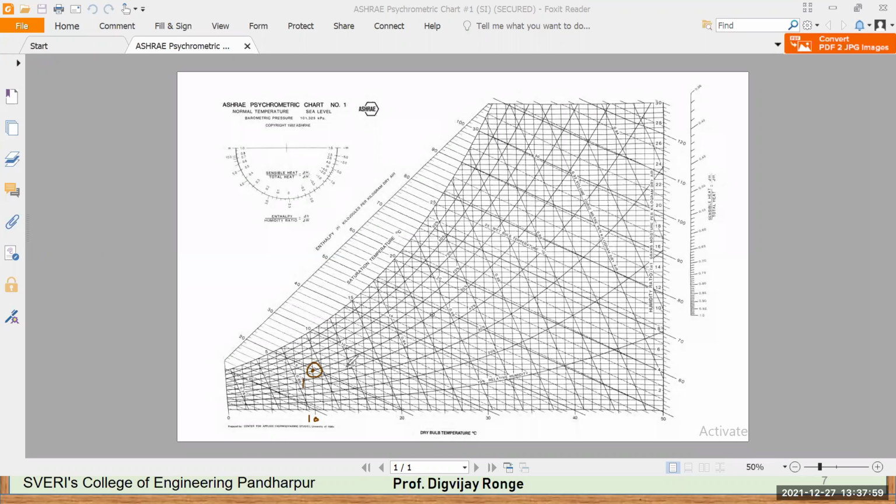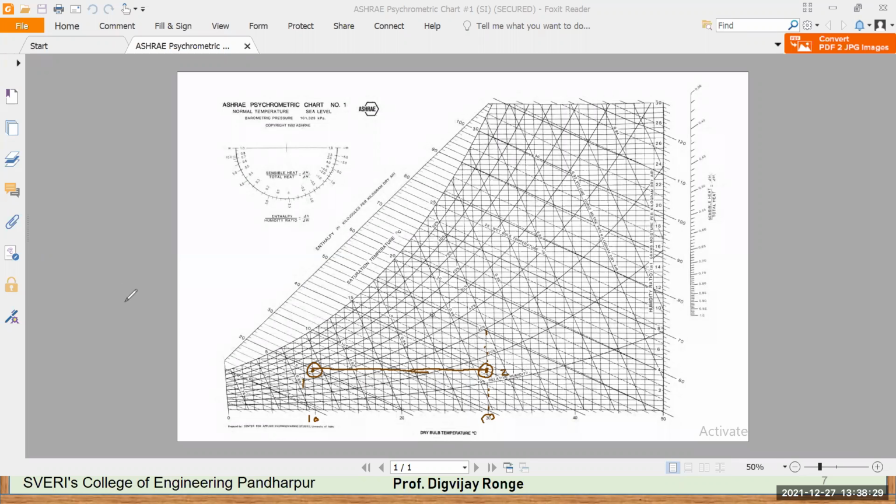Now here it is a sensible heating case, so I have to draw a horizontal line until it crosses 30 degrees Celsius. Here it is the 30 degree Celsius line, this is a vertical line. I have to draw a horizontal line through this. Here I will get point number 2. So this way I have plotted 2 points.